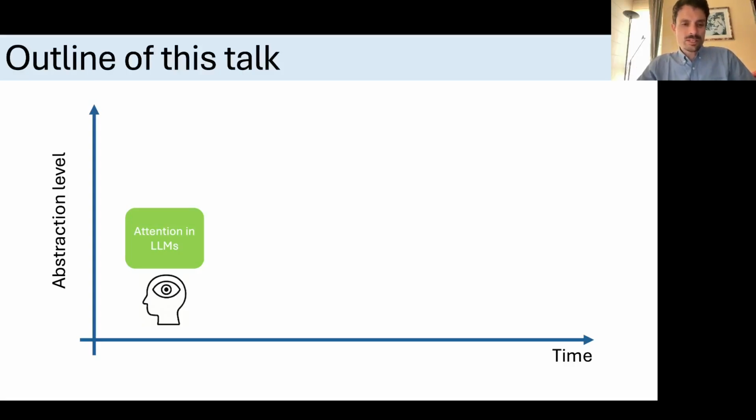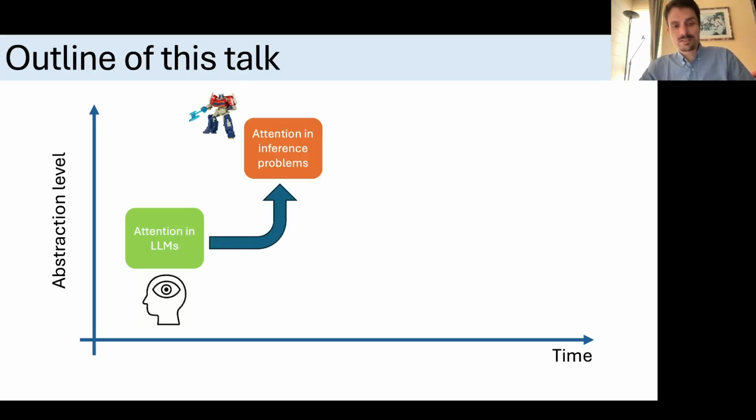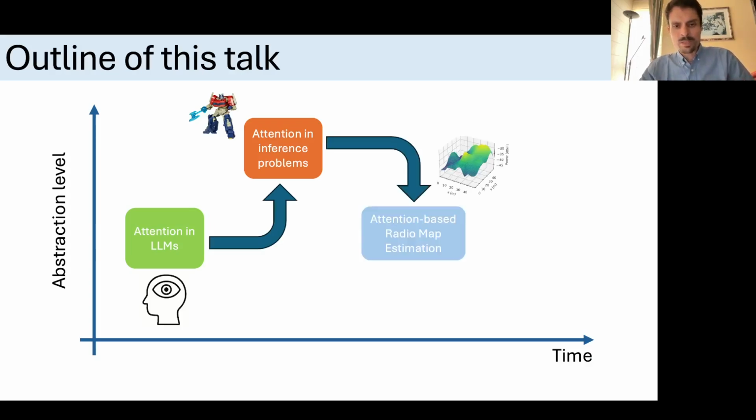So I will set the scene by talking a bit about LLMs and how chatbots generate text. Then we'll realize that these ideas can be applied to more general problems in statistical inference, and this will allow us to formalize attention in a very neat fashion.